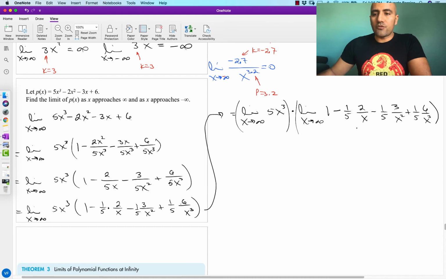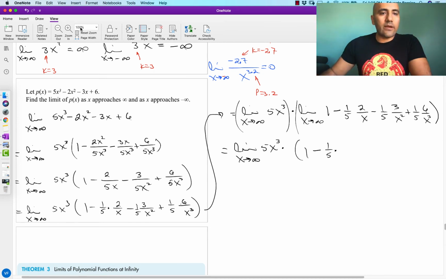And we know that we can distribute that limit. And so this becomes the limit as x approaches infinity of 5x to the third power times each of these. Now the limit as x approaches infinity of the constant 1 is just going to be equal to 1 minus, and then we have 1/5 times the limit as x approaches infinity of 2 over x.